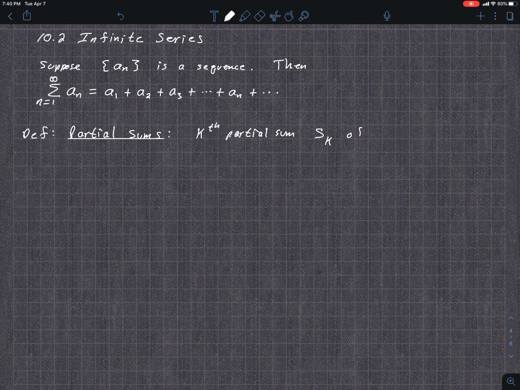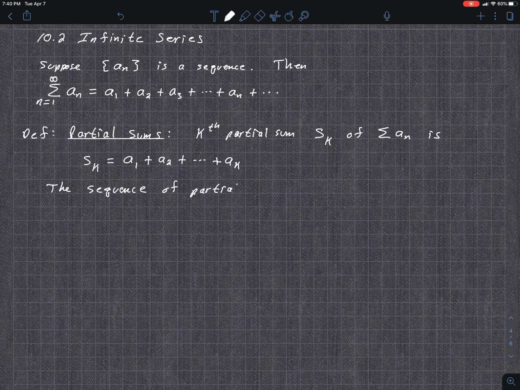The kth partial sum S sub k, so we use S, of the sequence A sub n is this form. You say S sub k is equal to, basically, it's adding up k terms of the sum, is all that means. A1 plus A2, etc., all the way to A sub k. So it added up to k terms of the sequence.